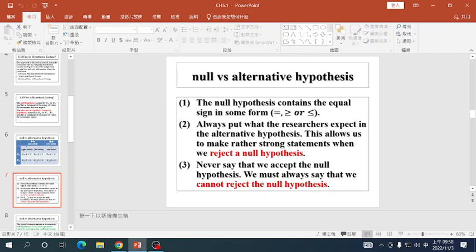So either we accept the alternative or we do not accept, or reject, the alternative. Never say accept the null hypothesis.